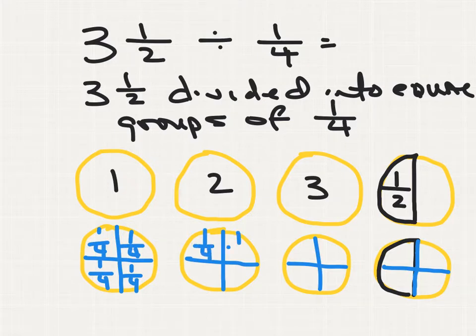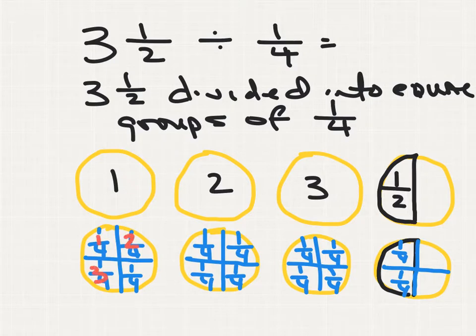So if each of these is 1/4, and the drawing on the bottom matches the drawing on the top, how many equally sized groups of 1/4 show the same picture as the 3.5 on top? 1, 2, 3, 4, 5, 6, 7, 8, 9, 10, 11, 12, 13, 14. 3.5 divided into equal groups of 1/4 is 14.